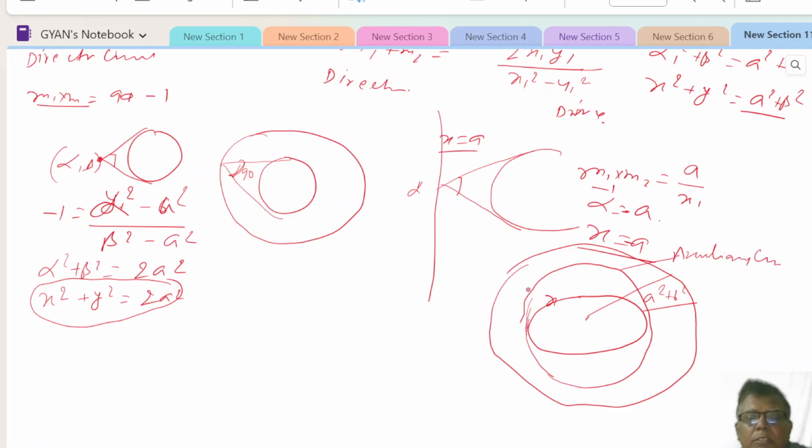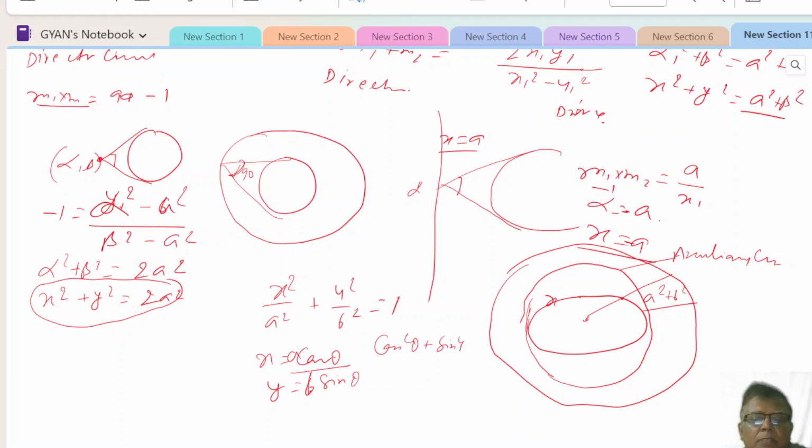This is a very important circle because see the parametric equation of the ellipse: x square by a square plus y square by b square is equal to 1. So x will be a cos theta, y is equal to b sin theta. Because if you put this in there, then a square cancels, and cos square theta plus sin square theta is equal to 1.